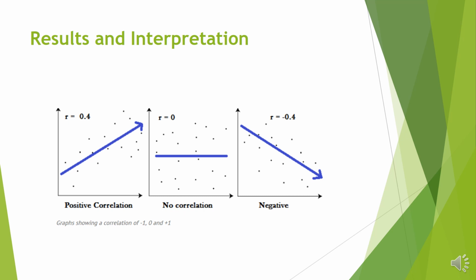Here is another way, a graphical representation, to represent the value of R. Number 1 is the perfect strong positive relation, 0 means no relation, and negative means negative relation.